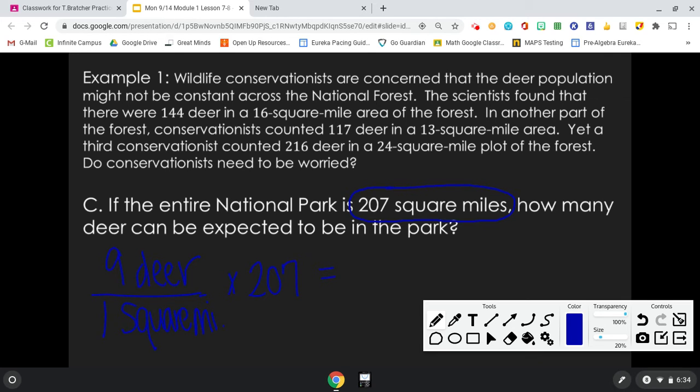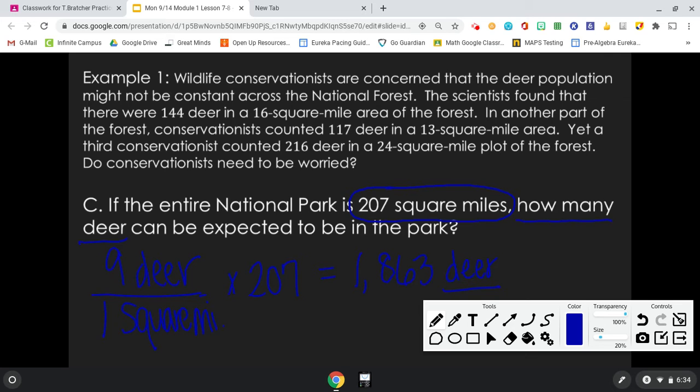And again, grabbing your calculator, if we do that, 9 times 207 is 1,863 deer. And if you forget what that unit is, it says how many deer. So because it gave us our square miles, we know that we're looking for the number of deer.